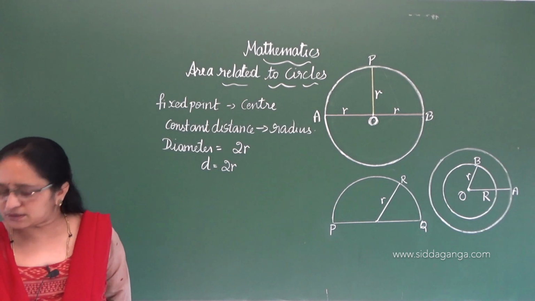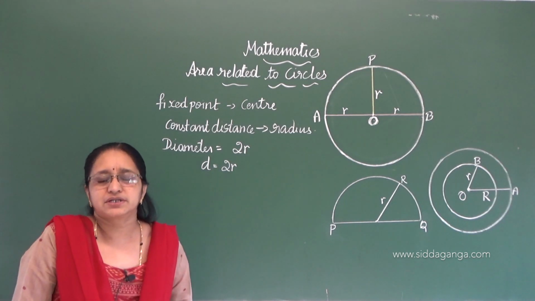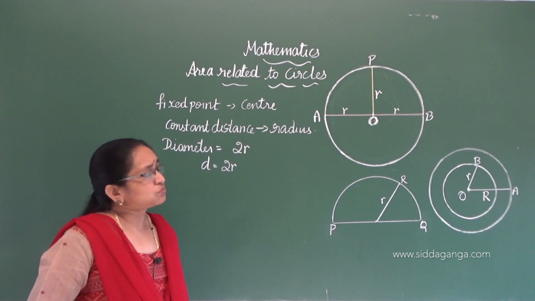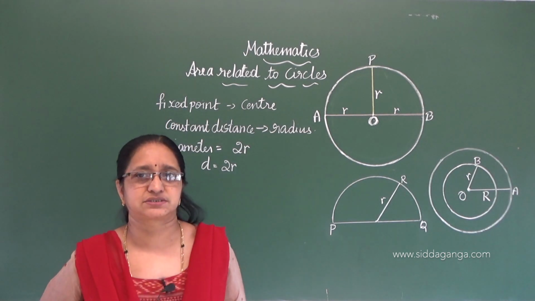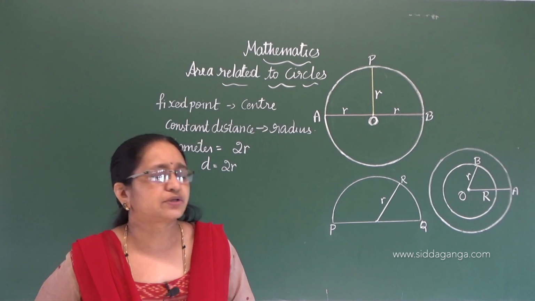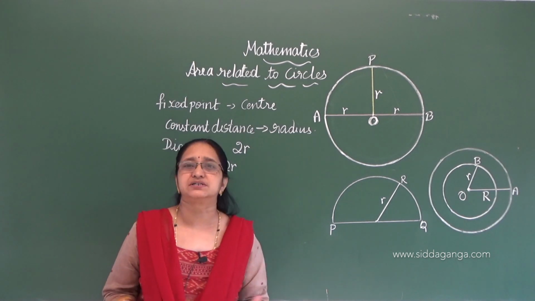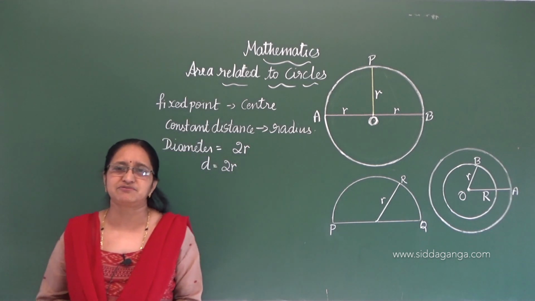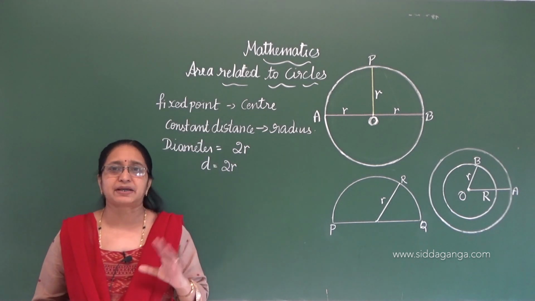The next term is circumference. What do you mean by circumference? You have studied some plane figures like rectangle and square, and you know the perimeter.